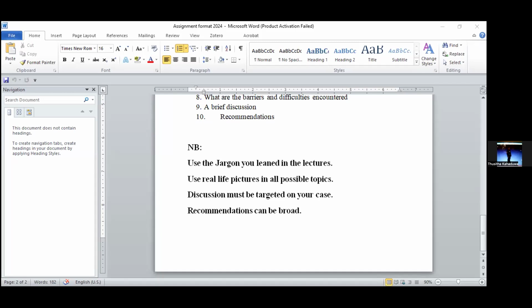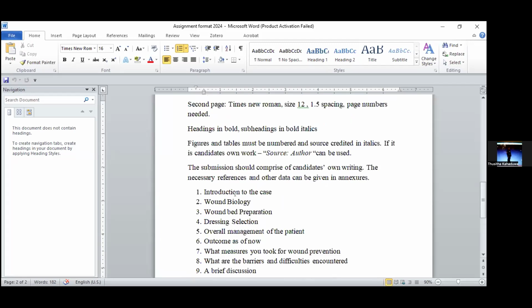It's not very practical for everybody. So just take some sort of a chronic wound and analyze it. You can do the introduction, you can do wound biology, you can do wound bed preparation if you can do it, that's good.